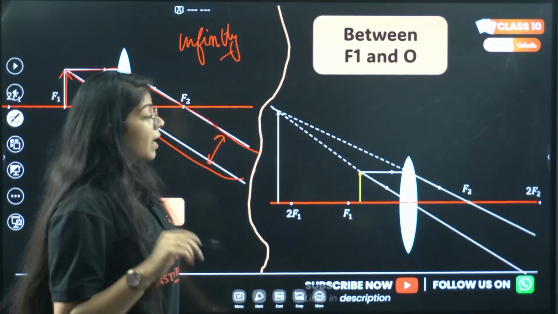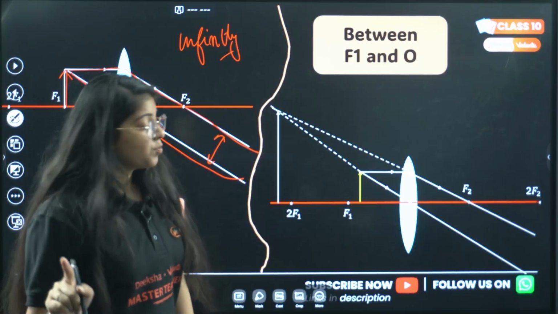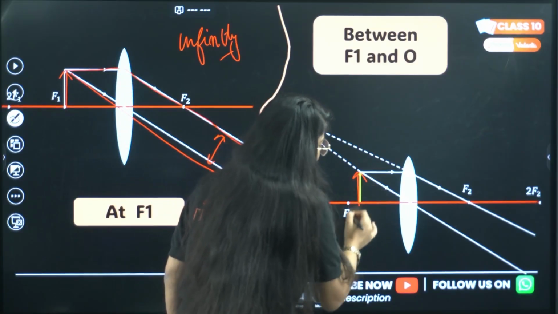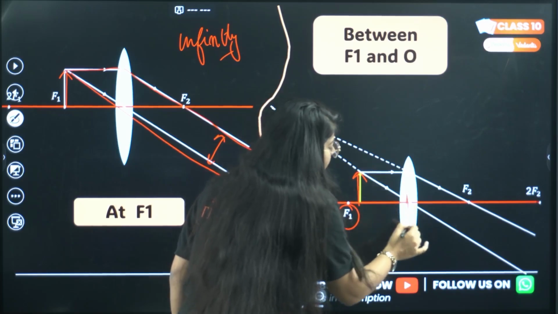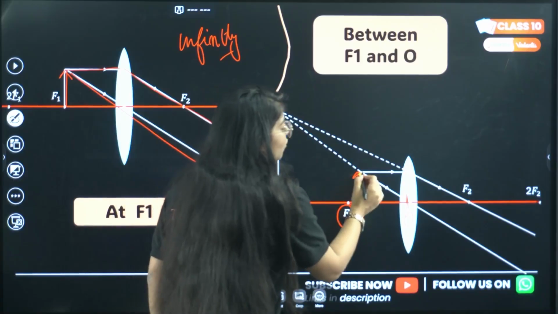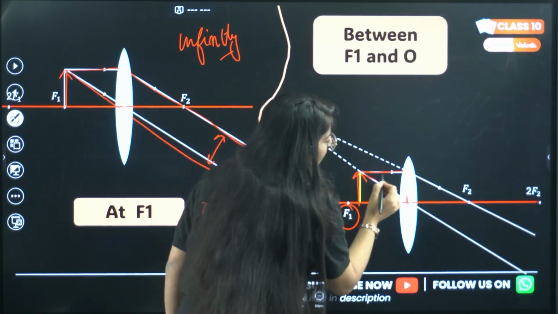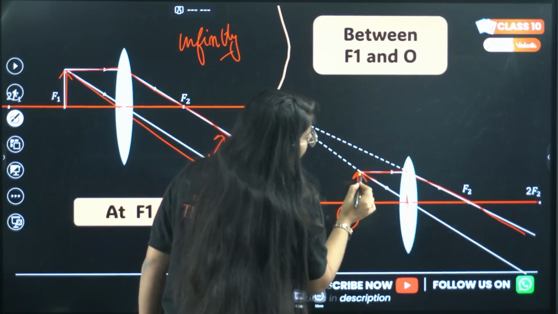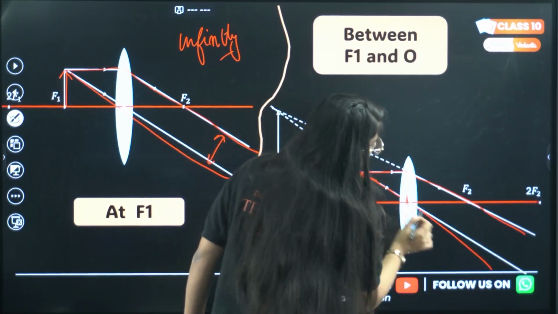Last, again, this is an exceptional case. Now in this case, my object is between F1 and optical center, not the pole here but the optical center. So one ray will go parallel, and it will refract and pass through focus. The other ray will go back into the optical center.